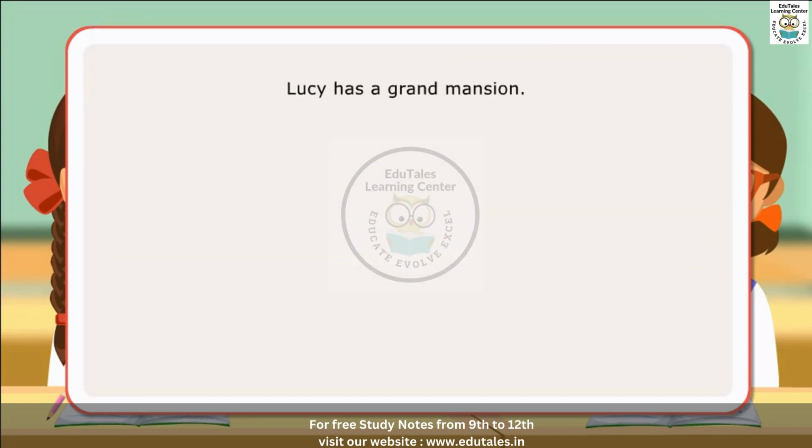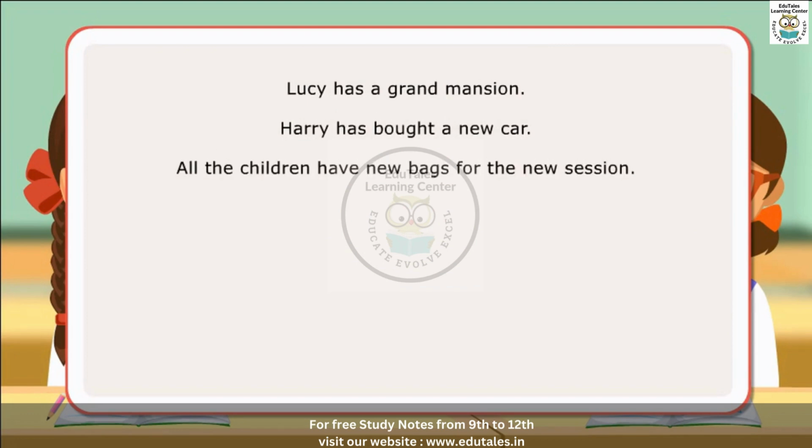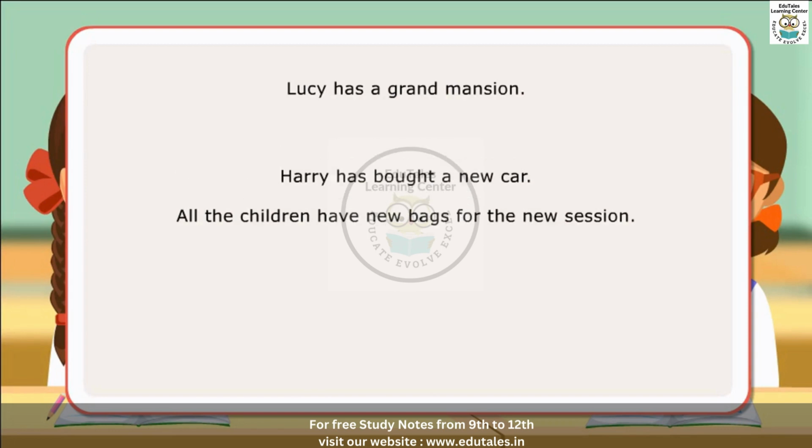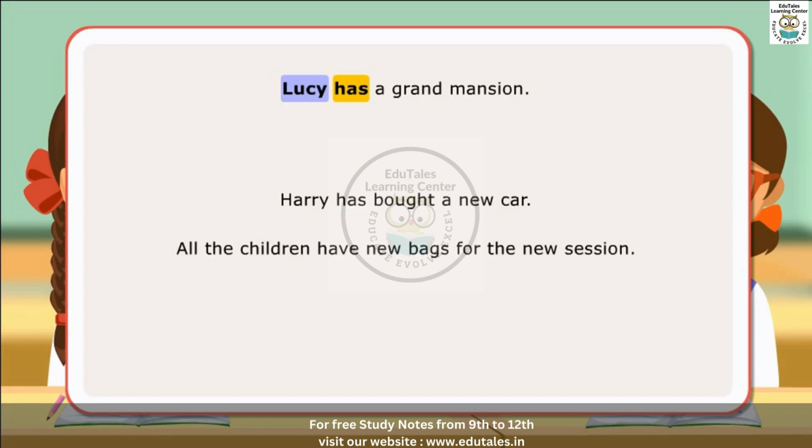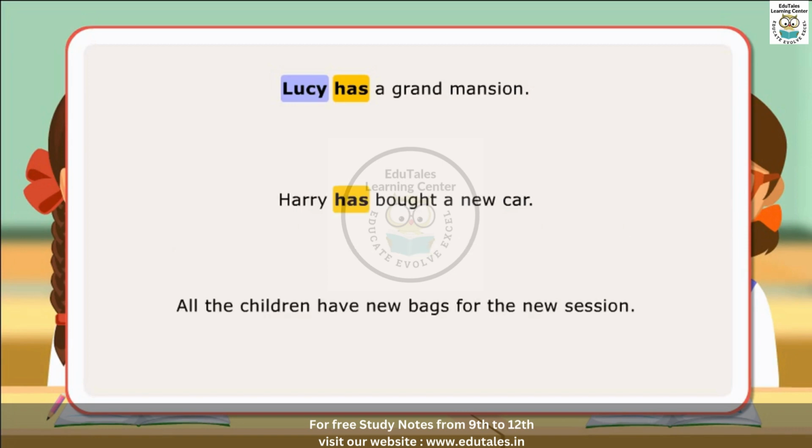Lucy has a grand mansion. Harry has bought a new car. All the children have new bags for the new session. In the first sentence, has been used after a name to show possession. In the next sentence, has been used after a name and with past participle bought to form present perfect tense.